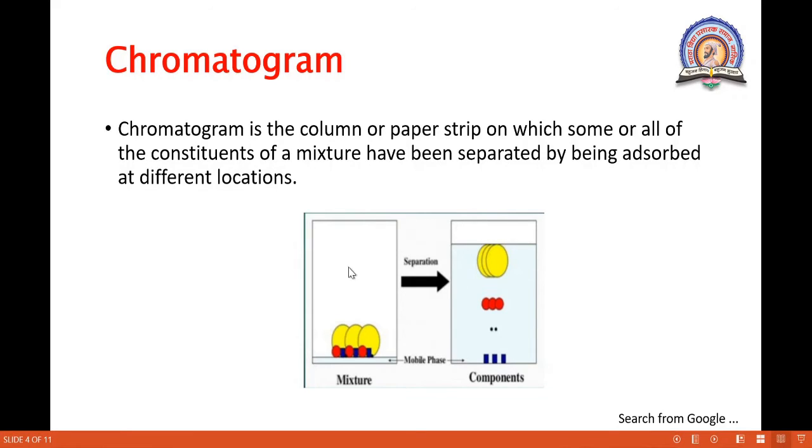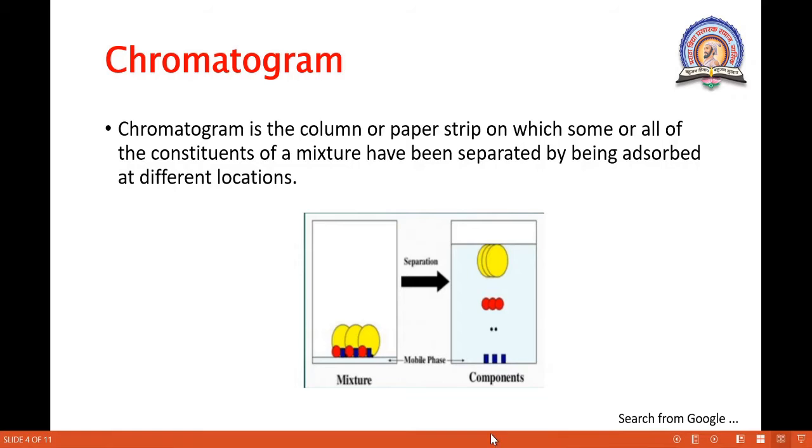We place this paper in the mobile phase. This mobile phase moves on the paper from bottom to top by capillary action, and the separation of the components takes place. This is nothing but the chromatogram.